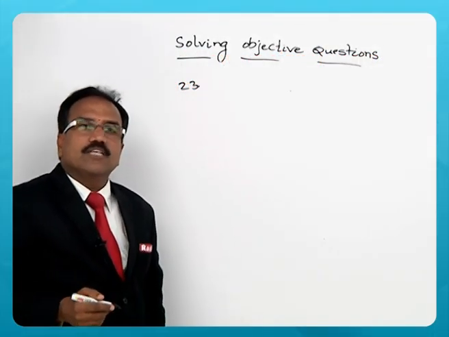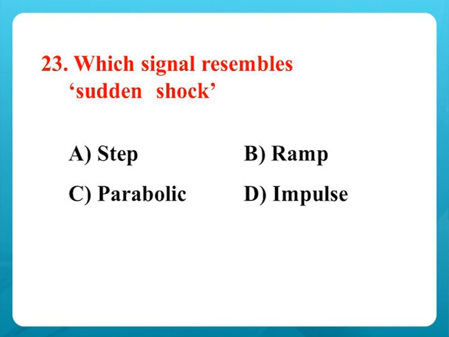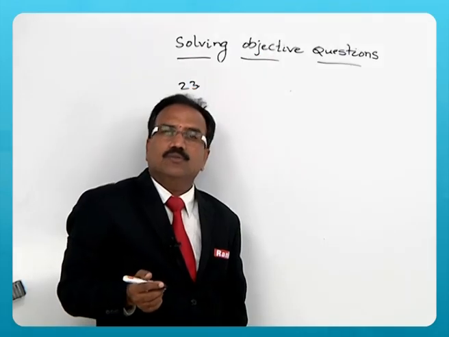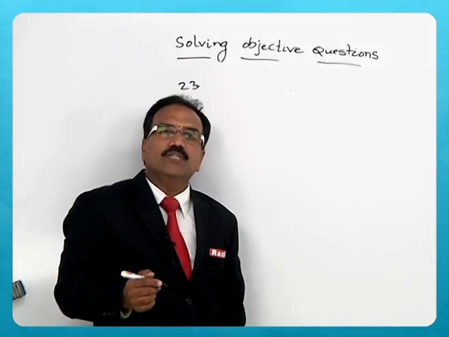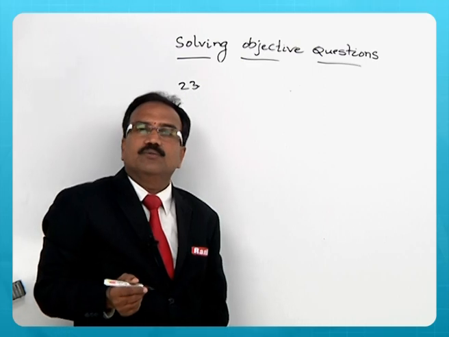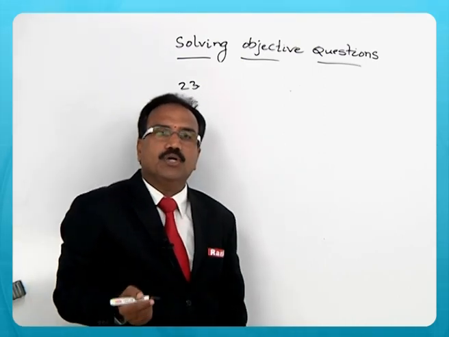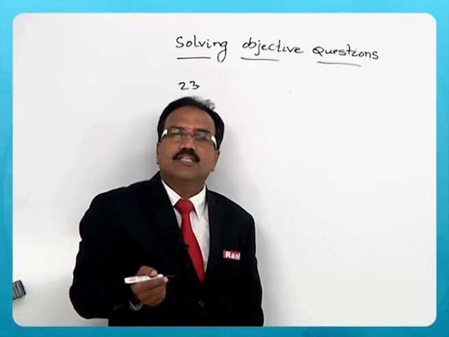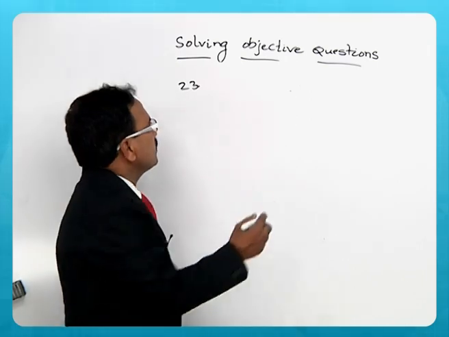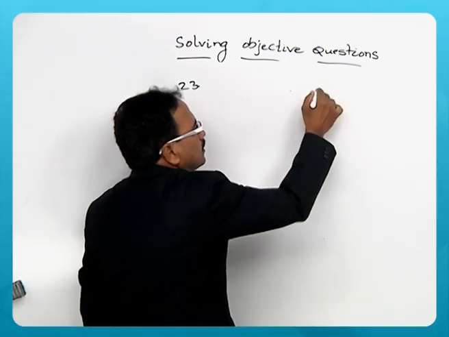Now the next question is, which signal resembles sudden shock? Shock is something undesirable. So there must be a signal available in the laboratory to resemble this sudden shock characteristic, that is impulse. Impulse is the signal that is undesirable.